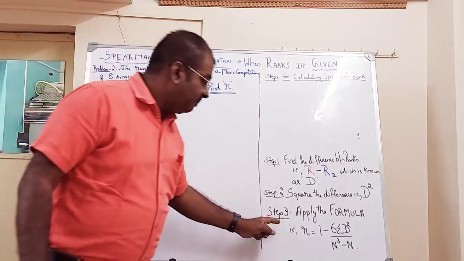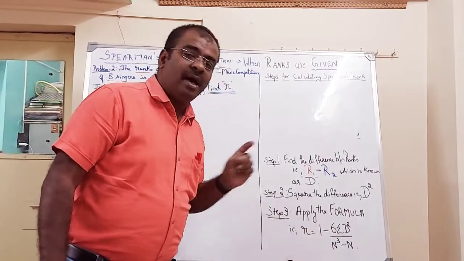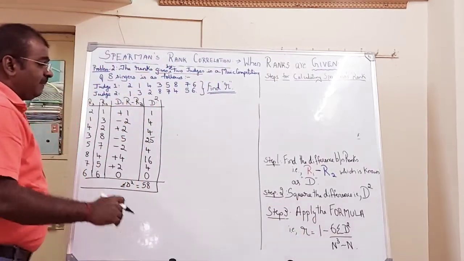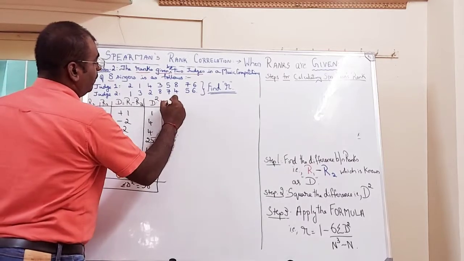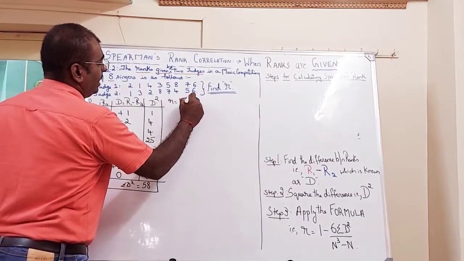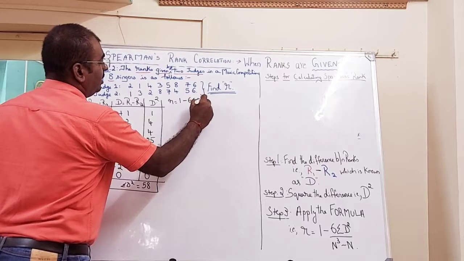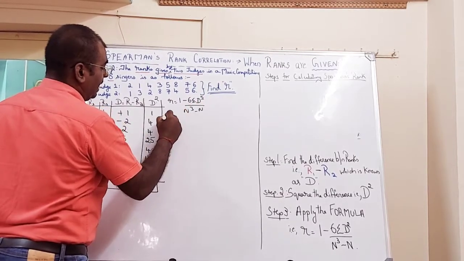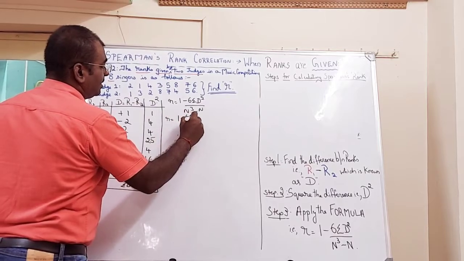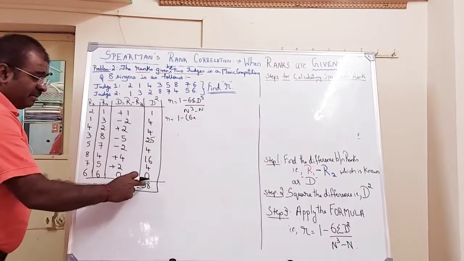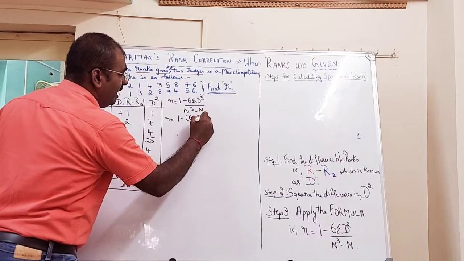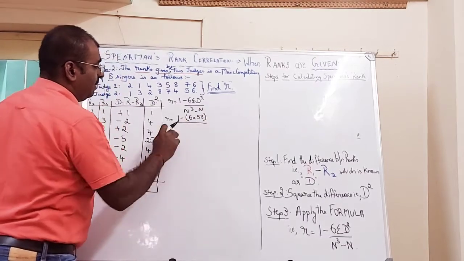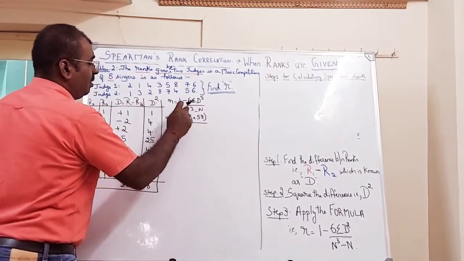Finally, step number 3: let us apply the formula for the coefficient of correlation. R is equal to 1 minus 6 sigma d square divided by n cube minus n. R is equal to 1 minus 6 into 58 divided by n cube minus n. What is the value of n?